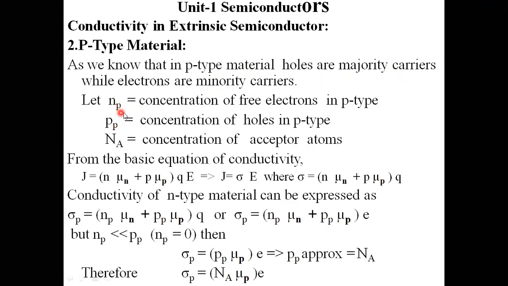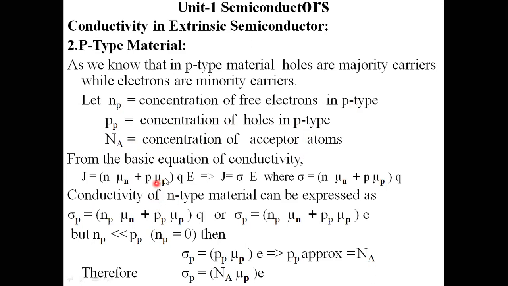Np is the concentration of free electrons in p-type material. Pp is the concentration of holes in p-type material. And Na is the concentration of acceptor impurities or atoms.